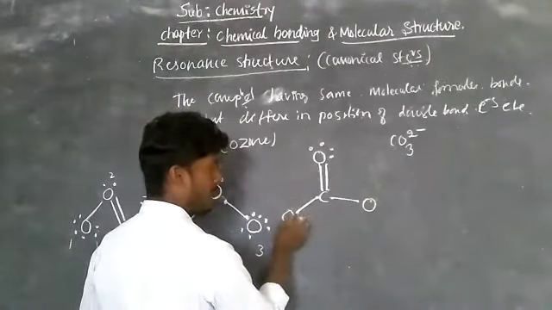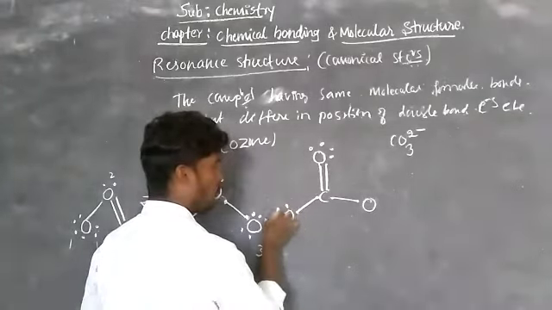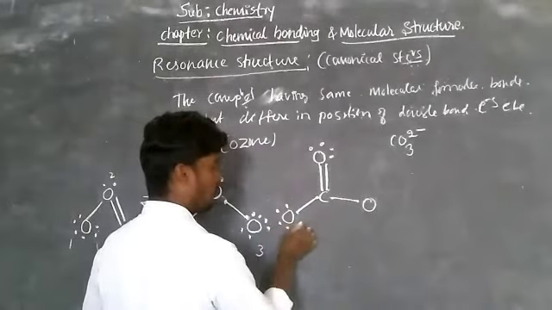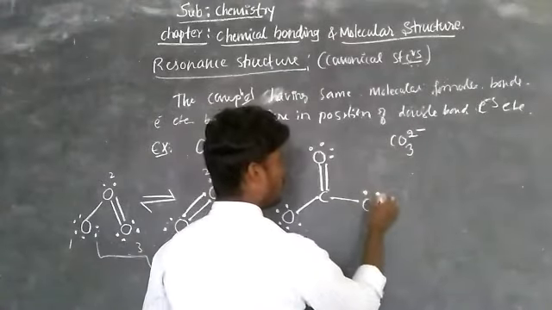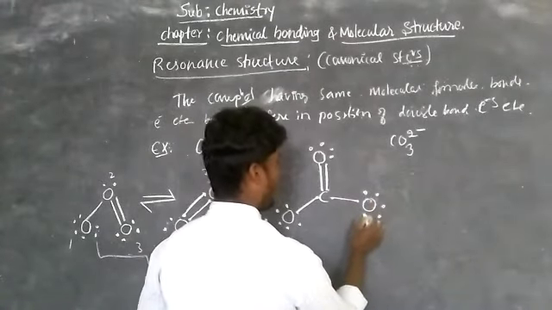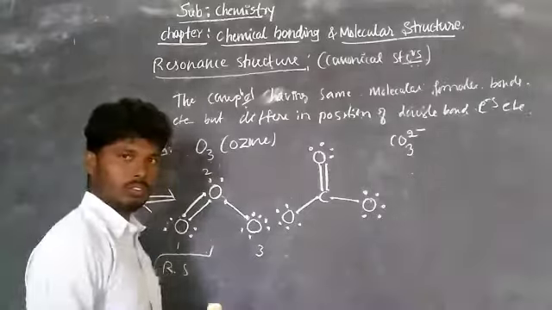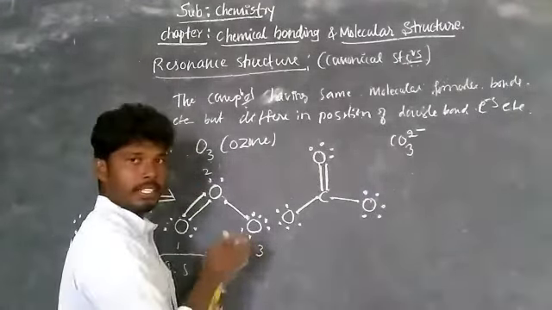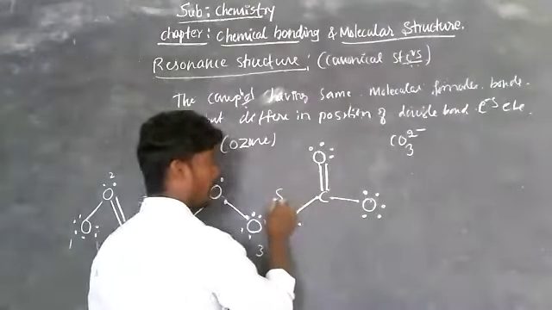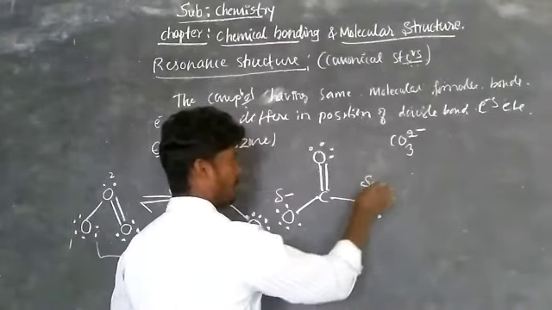Now, out of 6, it shares only 1 electron. Remaining how many are there? 5 electrons: 1, 2, 3, 4, 5. Now these two are electron rich species, so both carry a minus charge, CO3 2 minus.